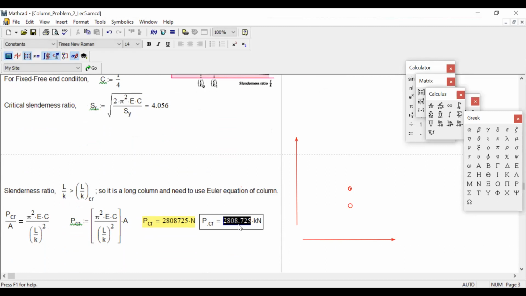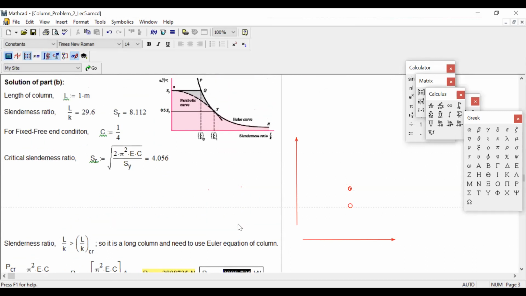The column is made shorter, that means it should carry more load. But what is the difference over here? Why is it carrying less load? The reason is the end condition, because in the previous problem, the end condition was 1, but right over here, the end condition is 0.25.